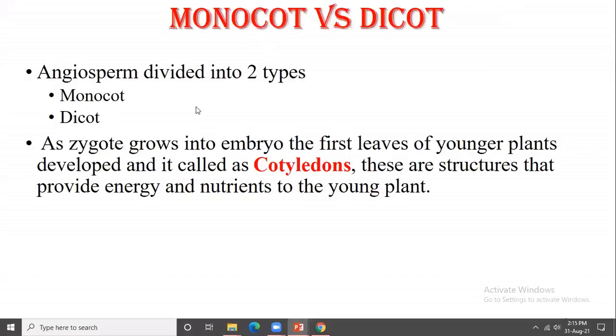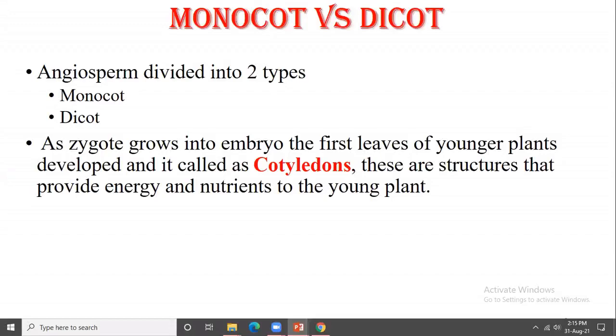Okay. Monocot versus dicot. You already studied this in A level also, no? Monocot and dicot. Yes, sir. What are the 2 types in flowering plants?